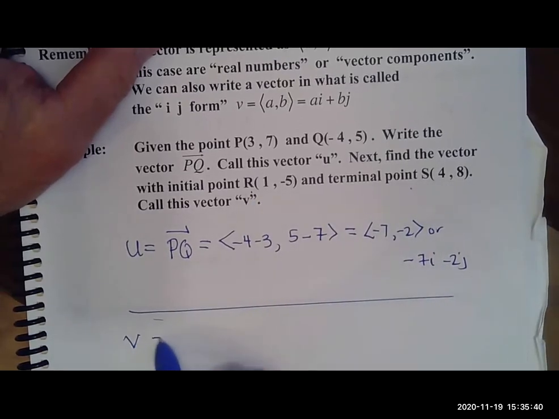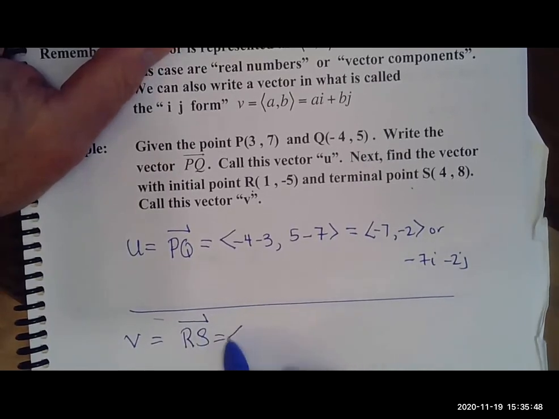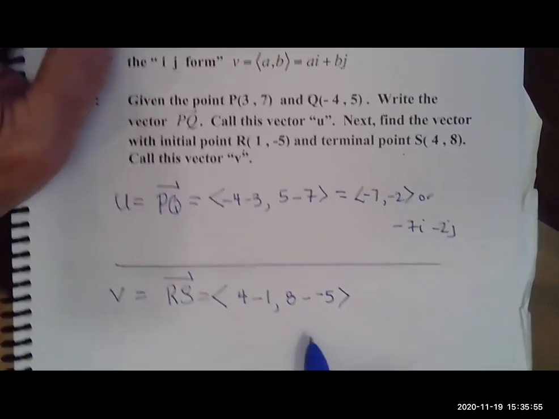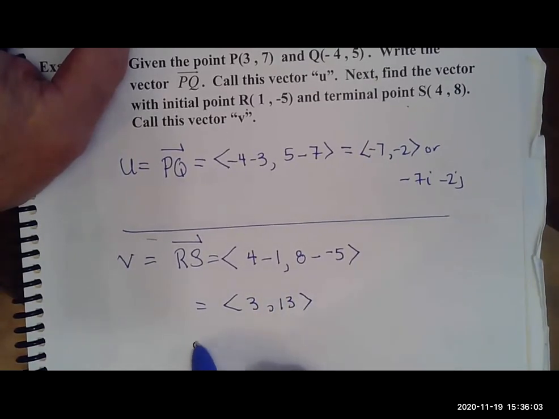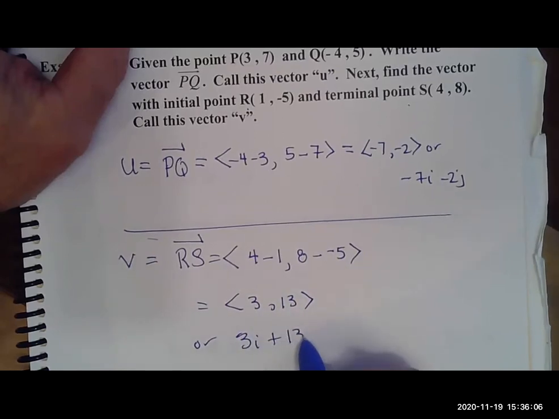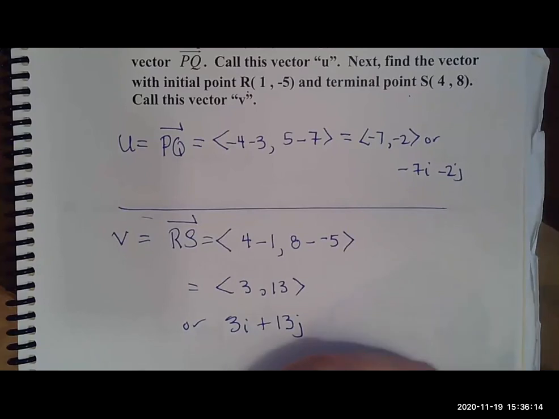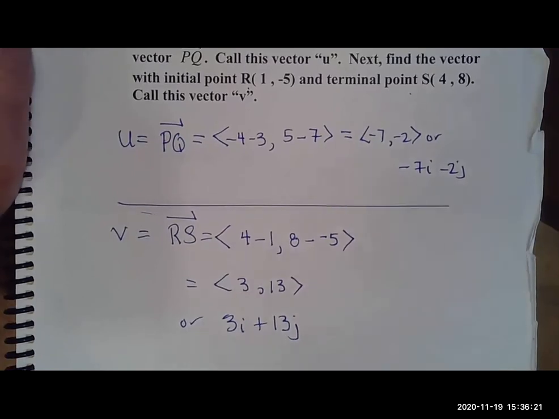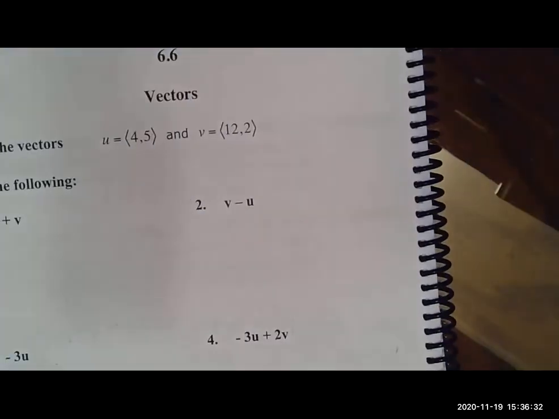RS, so vector v maybe would be RS, and a number of examples.